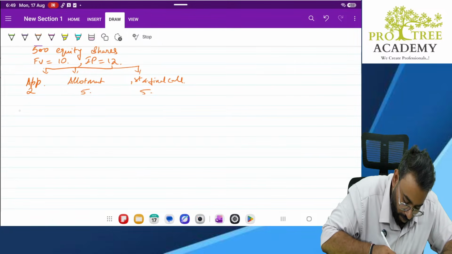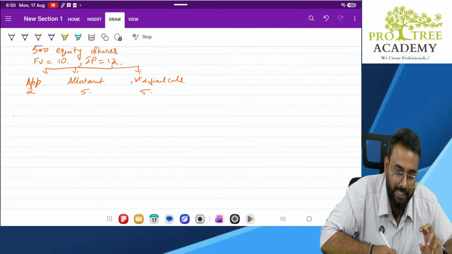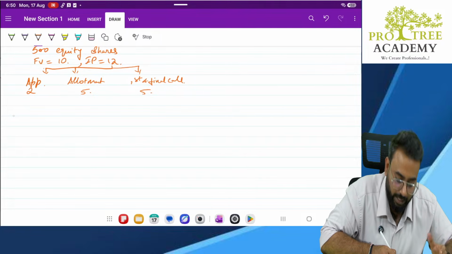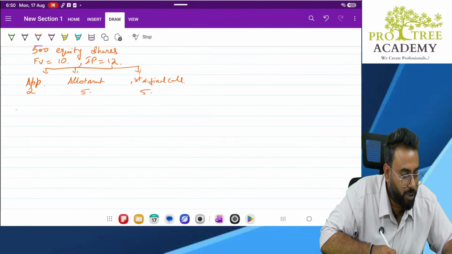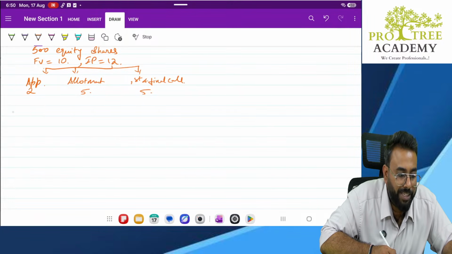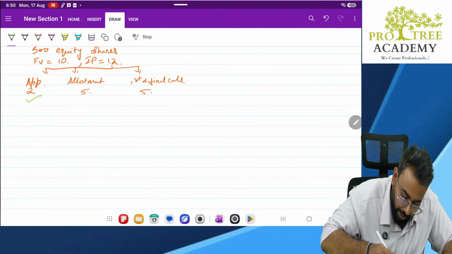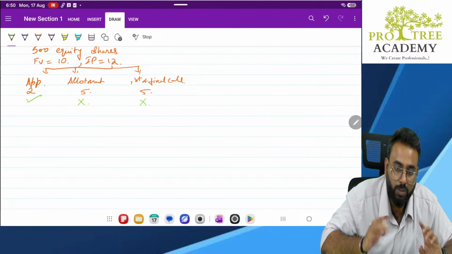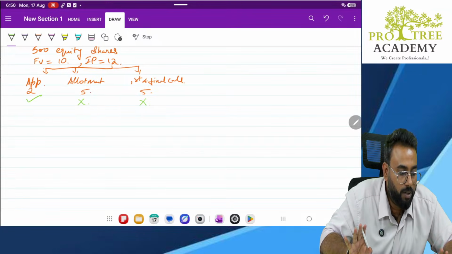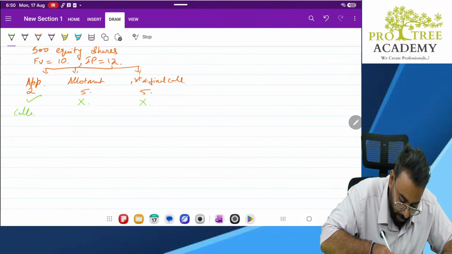Now let's directly pass the forfeiture entry. Now read the question. It says the amount payable on the shares: on application 2, on allotment 5, on first and final call 5. Only application money was paid. That means only this was paid, this was not paid, this was also not paid.